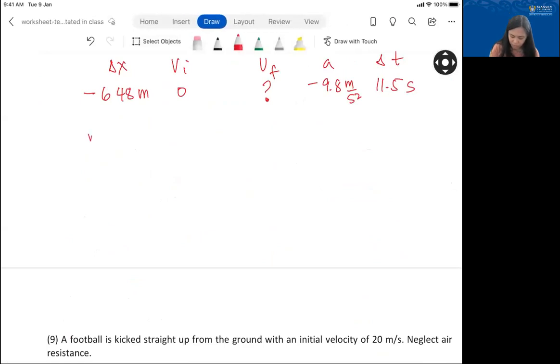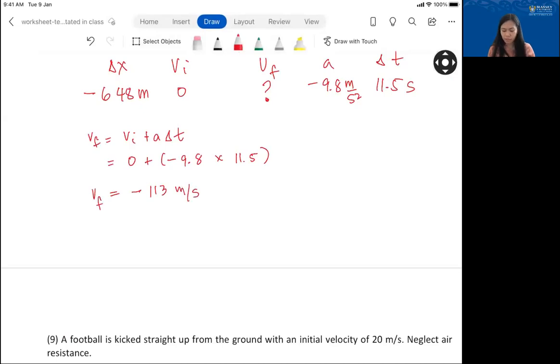Vf is equal to Vi plus A delta t. Vi is 0. Okay. Again, negative 9.8. Remember to include that negative times 11.5 gives you negative 113 meters per second for Vf.